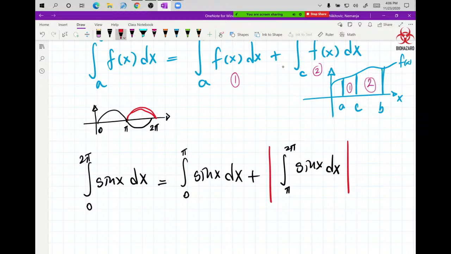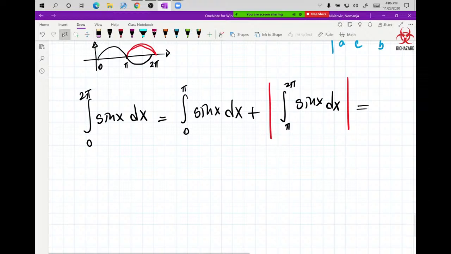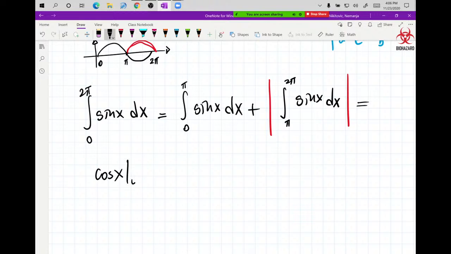So we start over here with the calculation, the same way as before. We integrate sine, that gives us cosine x from 0 to pi, and then plus absolute value, another cosine x, but this one from pi to 2 pi.